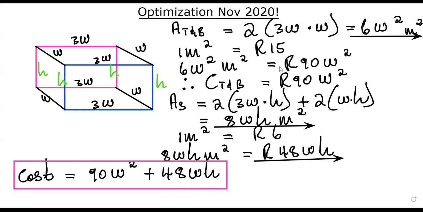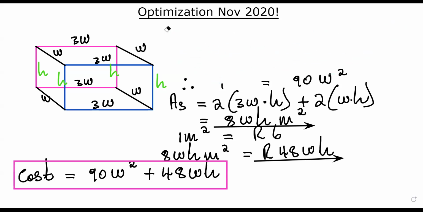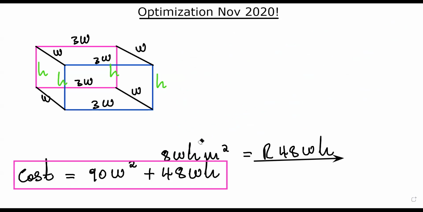Well, we need to remember what they told us, right? Because we need to express H in terms of W. And this is what they told us. If we look at the third bullet, they said to us, the volume of this box has to be 5 cubic meters. So that's what we are going to use.